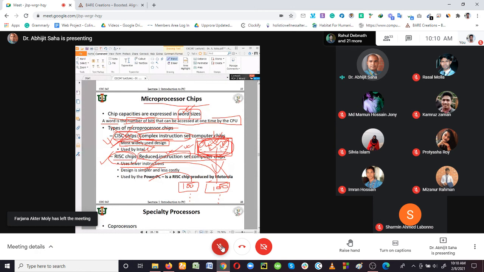Because if there are 400 students for a course, it is not possible for a teacher to control 400 students in a single section. So you make smaller sections. This is the same as what the RISC chip does. It groups the instructions frame by frame, section by section, so that the CPU can take them one by one and execute them simply.